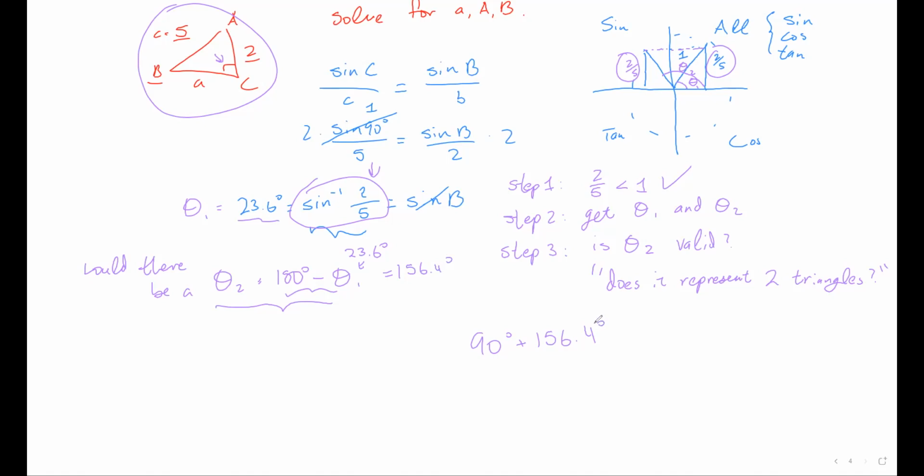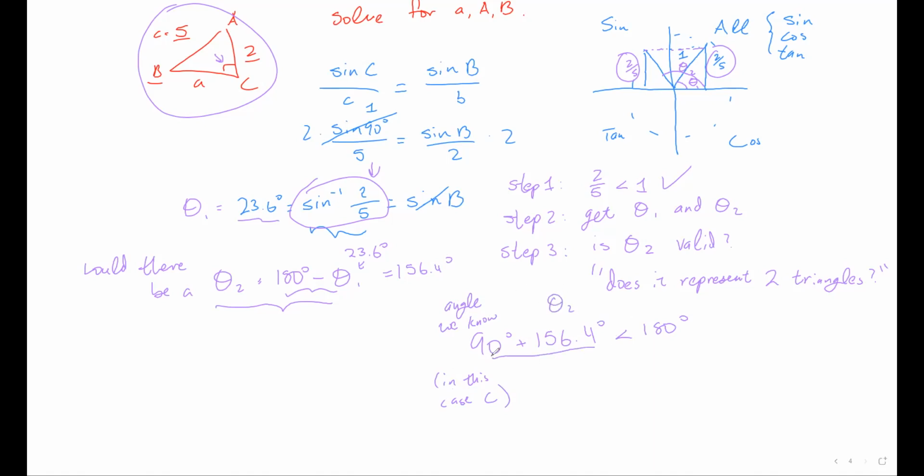And we have to double check that this is strictly less than 180. That's the test. It's always the angle we know, in this case the angle they provide us, C, plus theta 2, which is 156.4.